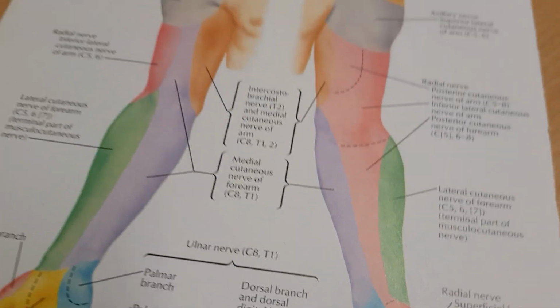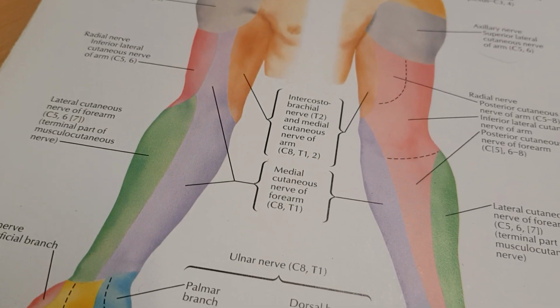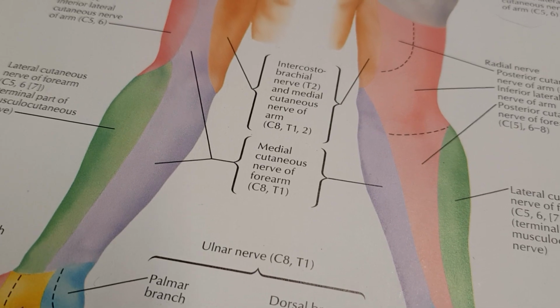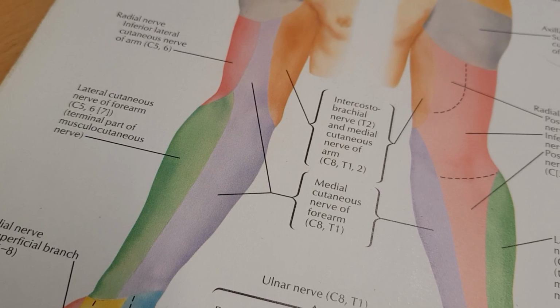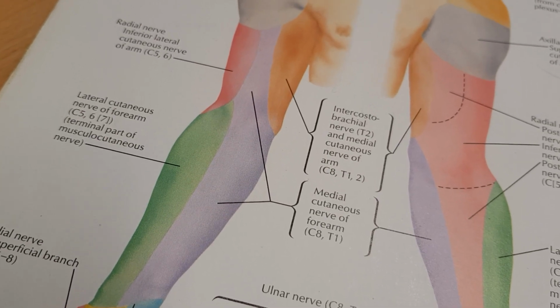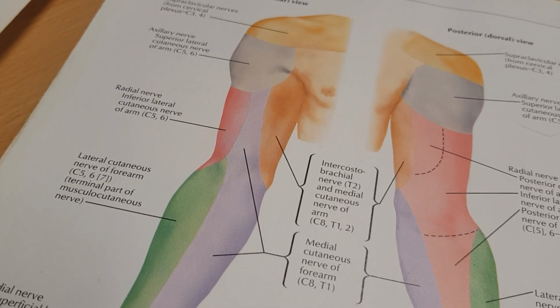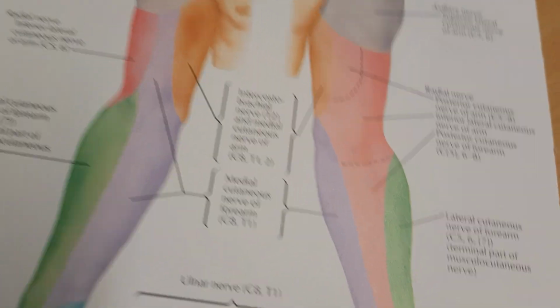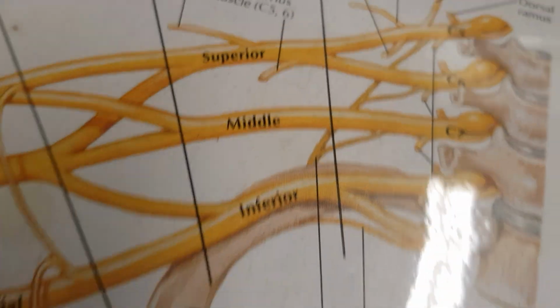When we speak about peripheral nerves, we speak about individual nerves. We speak about the ulnar nerve, the median nerve, the radial nerve, the axillary nerve, the musculocutaneous nerve, and also the other sensory nerves from, let's say, the brachial plexus.